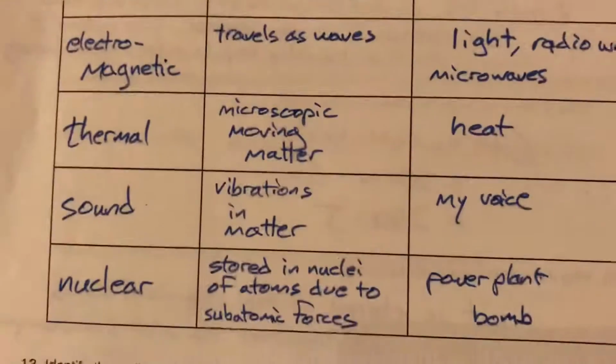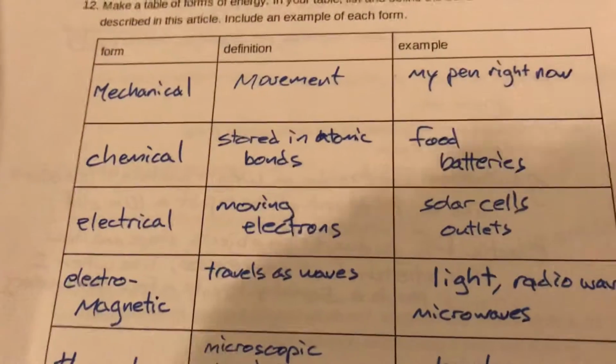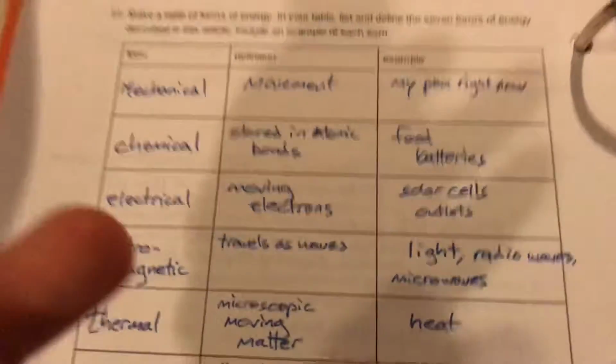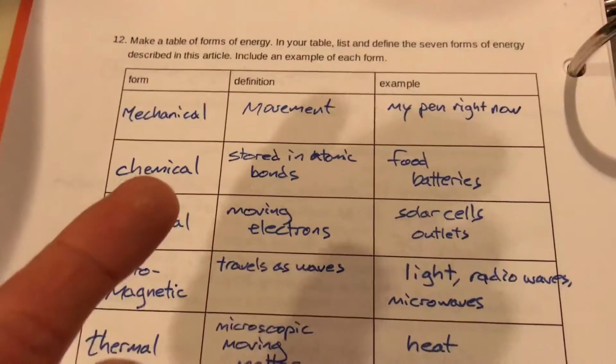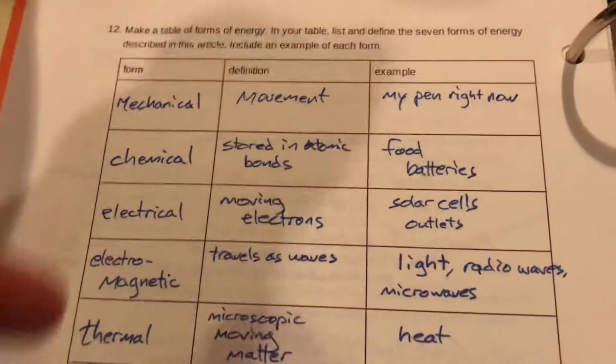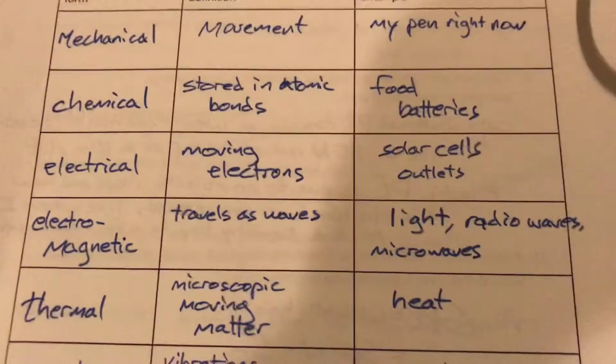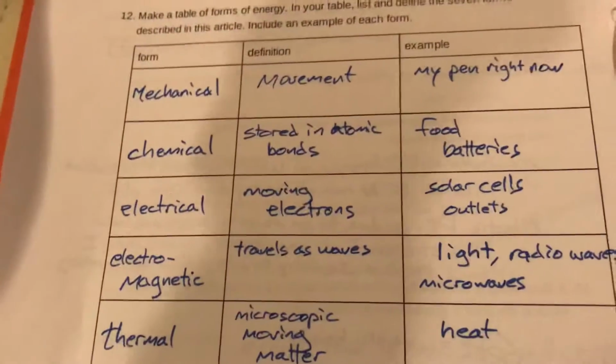That brings us to the next page and the 7 types. It says form at the top. I should change that to types, because often we use the term form to describe kinetic or potential, and types to be all the different types of those potential or kinetic forms.